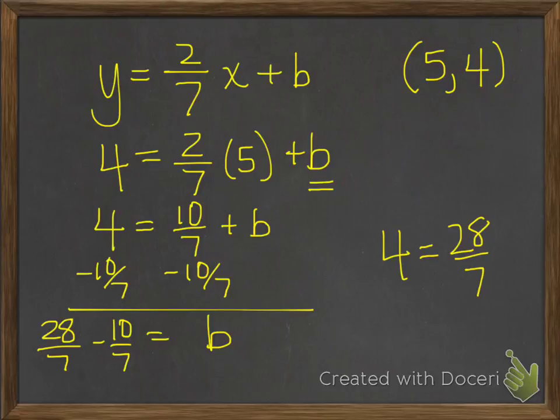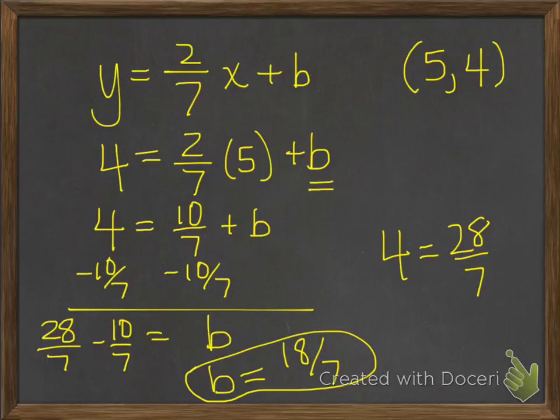So b is equal to 18/7, which is exactly the result we got putting in the other point on the graph of this line, (-2, 2). It doesn't matter which point we put in, because we knew they were on the same line to start, so they both would be solutions to the same equation. Okay, there's one more thing that we can do with this equation once we have it.